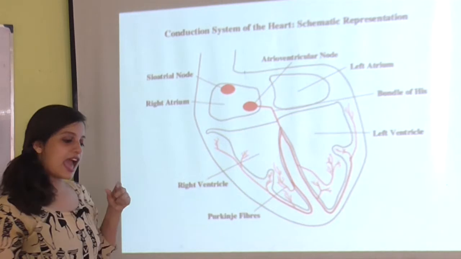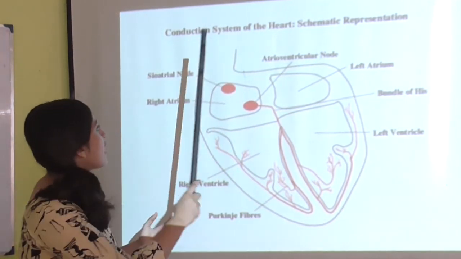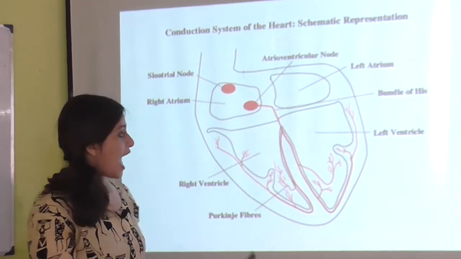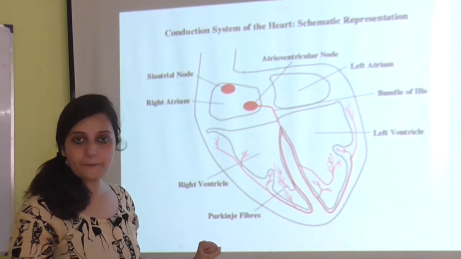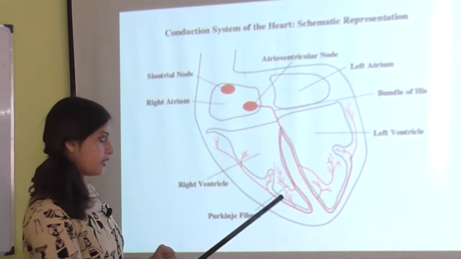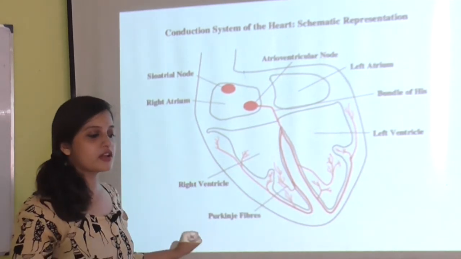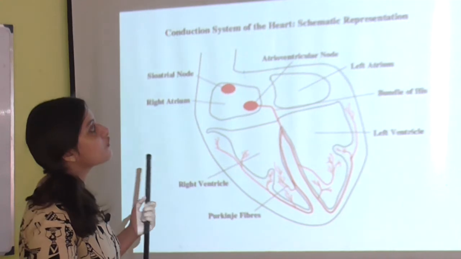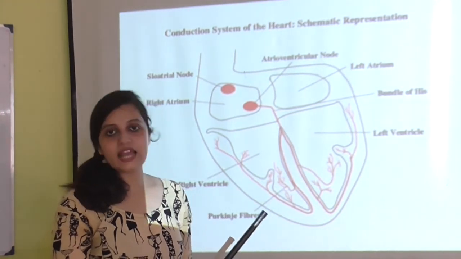They act as a pathway for the electric impulse generated by the SA node, and they spread the electric impulse throughout the muscle of the heart. So these are the four important special tissues.